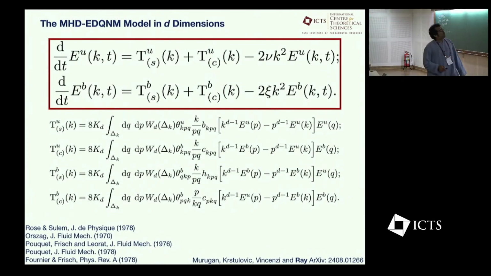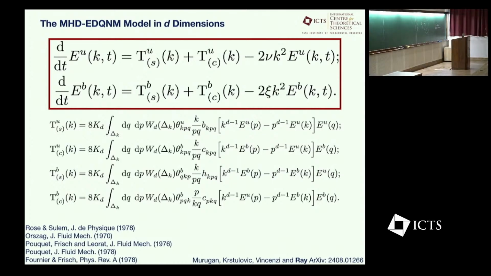When you do all of that, you end up finally with an equation which has all the right-hand side terms. The dots have now been undotted, and you have all these terms with horrible-looking transfer integrals, which depend on all these triads. And in a real turbulent setting, when you have a large number of degrees of freedom, the number of triads explodes. So you have to worry about all combinations of P plus Q equal to K, and we are in business.